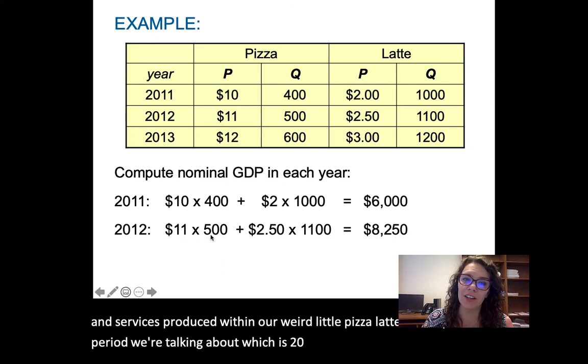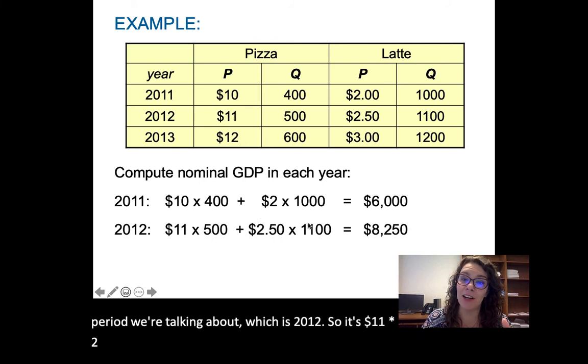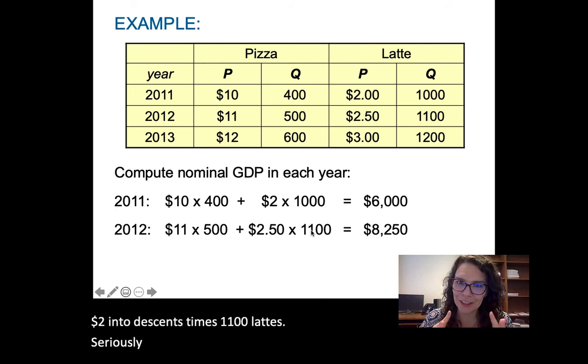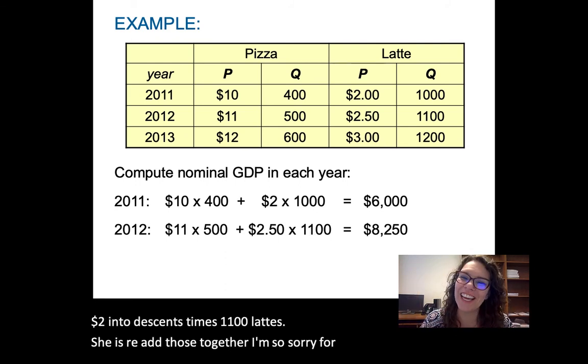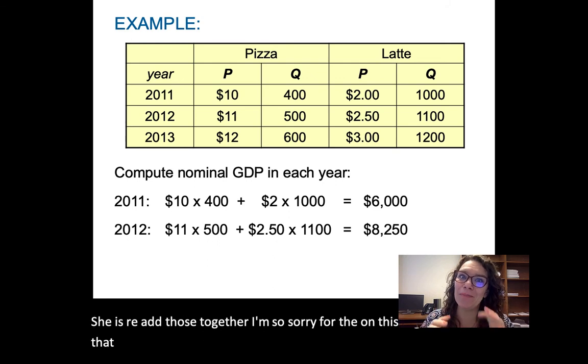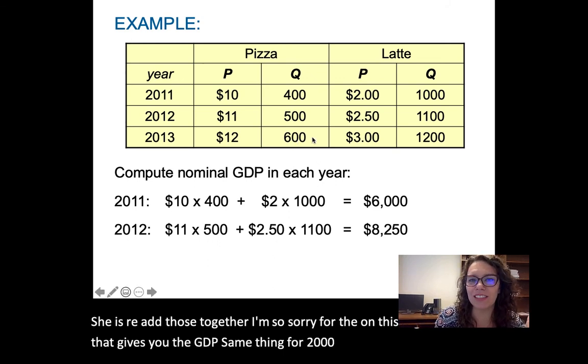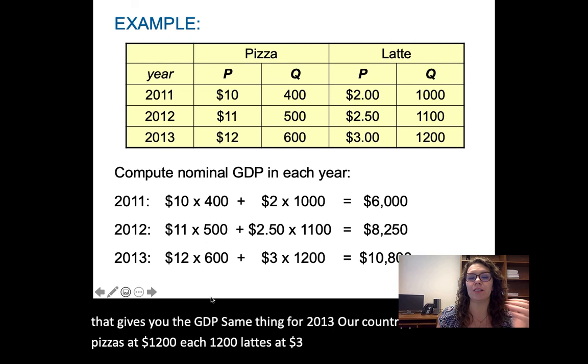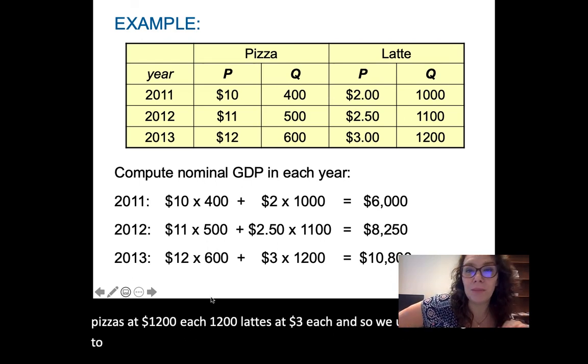So it's $11 times 500 pizzas, $2.50 times 1,100 lattes. Add those together, and that gives you the GDP. Same thing for 2013. Our country produced 600 pizzas at $12 each, 1,200 lattes at $3 each, and so we use those figures to calculate nominal GDP.